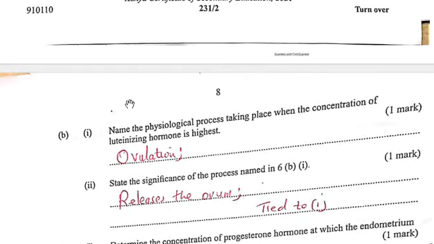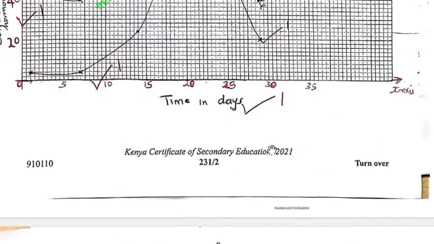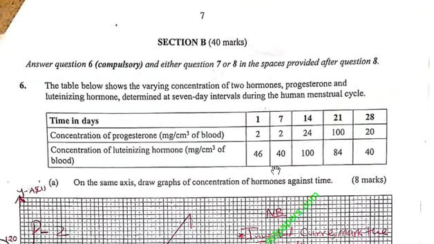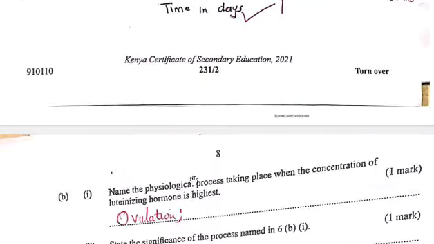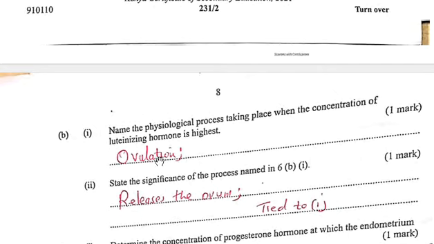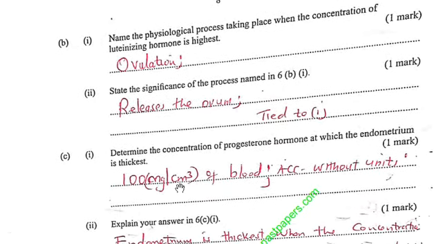Let's look at the questions. Part B, Roman 1. Name the physiological process taking place when the concentration of luteinizing hormone is highest, and that is during day 14. It is highest, and luteinizing hormone is responsible for ovulation, the release of the ovum. That is ovulation. Give the significance of the process above, and that is it enables release of the ovum.